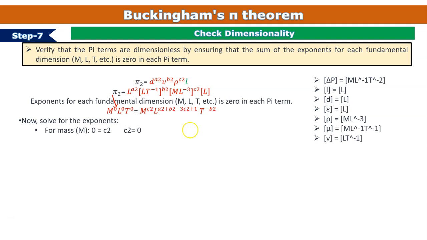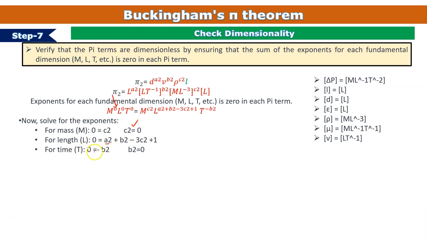Now solve for the exponents. So we can write m for mass, that's 0 in the left hand side, and m is c2, so c2 will be 0. Similarly for length, 0 in the left hand side, a2 plus b2 minus 3c2 plus 1. Now c2 value we know, but a2 and b2 values we don't know.